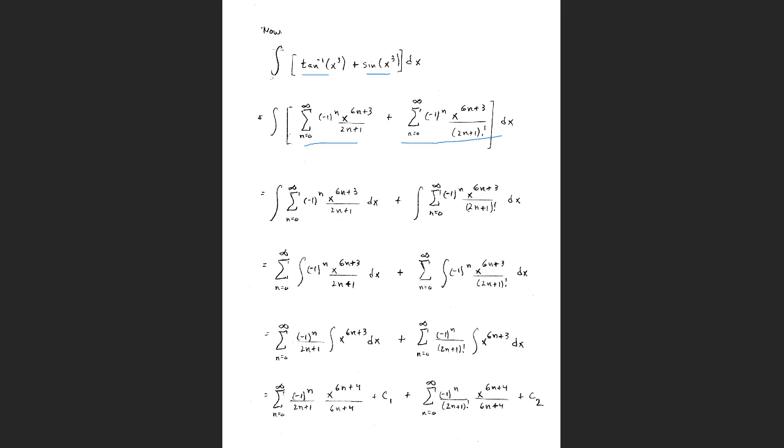Well, first thing I recognize is that I have the integral of the sum of two power series. Well, the integral of a sum is the sum of the integrals. So that's what I do on this step here.